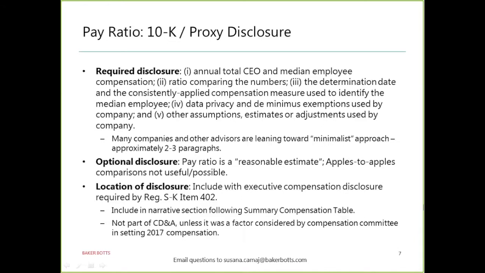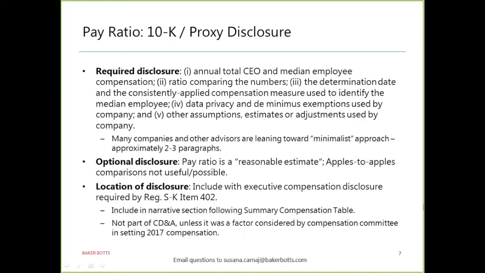They could be using a different determination date. They could be using a different consistently applied compensation measure. They could be applying cost of living adjustments. And so I think it's worth saying that those kinds of comparisons would not be useful or possible.